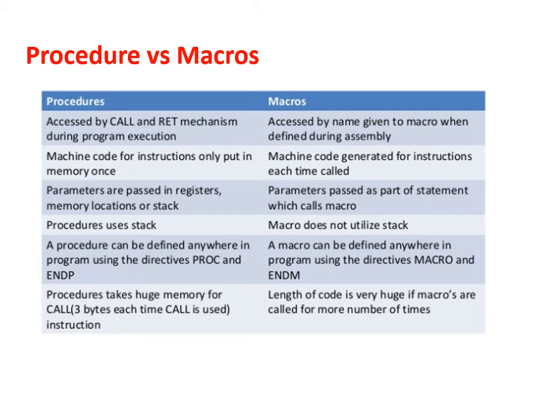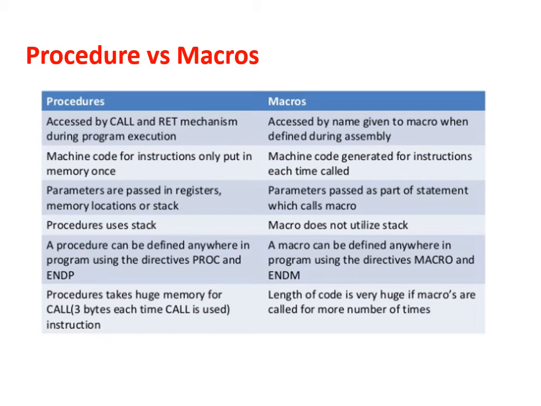Parameters are passed in registers, memory locations, or the stack. Here parameters are passed as part of the statement which calls the macro. Procedures use a stack. Macros do not utilize the stack.